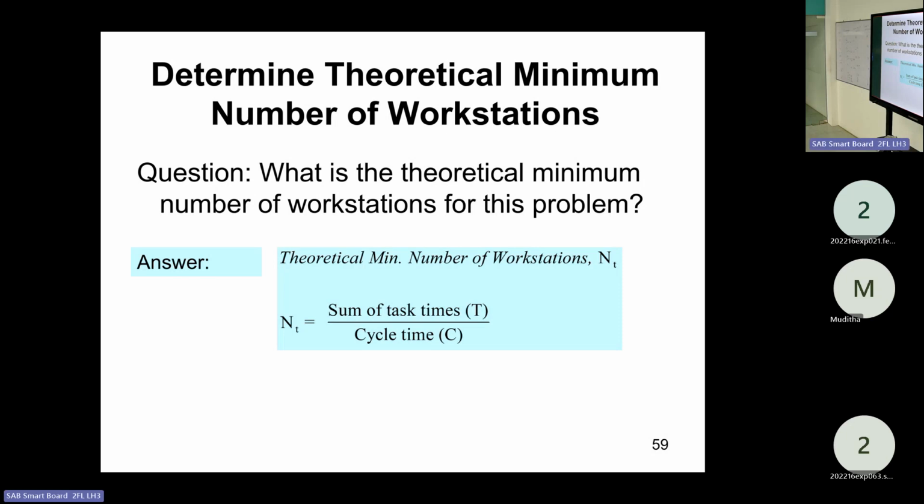Now, in such a case, we have 6 bays, and each bay is divided into 3 phases. What should be the cycle time? Within an hour we need to complete the car, and for that we are going to have 3 phases. So what should be the maximum time we spend at one phase? 20 minutes, 20 minutes, 20 minutes.